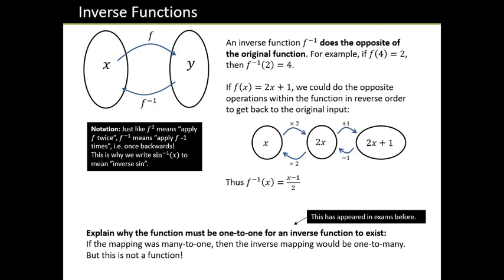Now bear in mind that a function which would otherwise be many-to-one for a domain of x being any real value may have a specified domain, for example, that x is always positive.